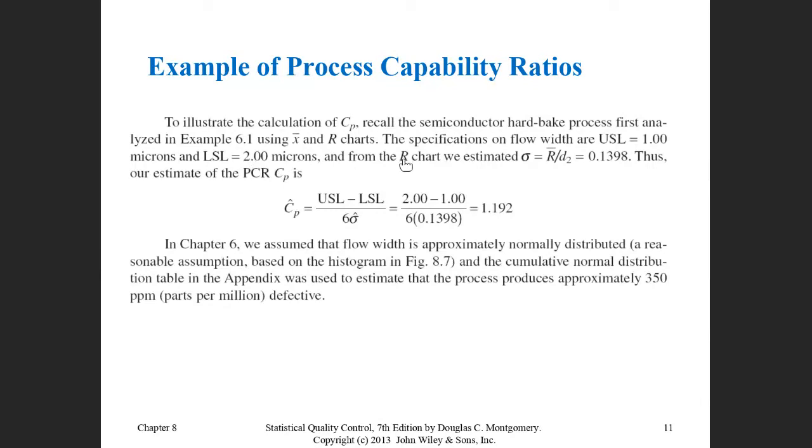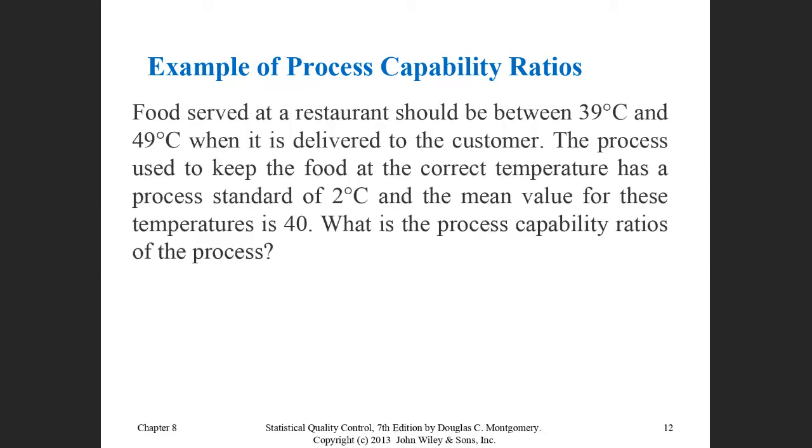The R chart estimated the standard deviation as 0.139. So the CP is considered to be the difference in the specification limits divided by the estimated standard deviation times 6, and that is equal to 1.192. So this is the process capability CP ratio.